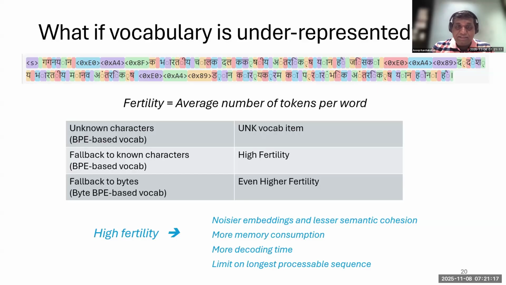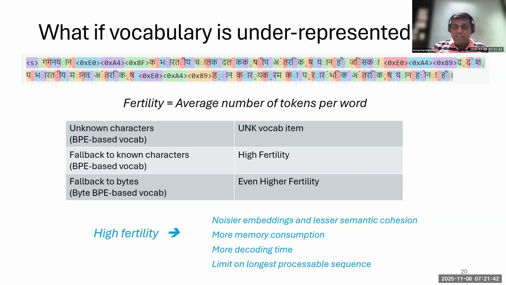In addition to that, the memory consumption is higher because the number of tokens is higher. For a single sequence, you have a lot of embeddings as well. And during inference time, the KV cache size can increase. Decoding time is also more because you have to generate a lot more tokens for the same information content compared to a language with lower fertility.